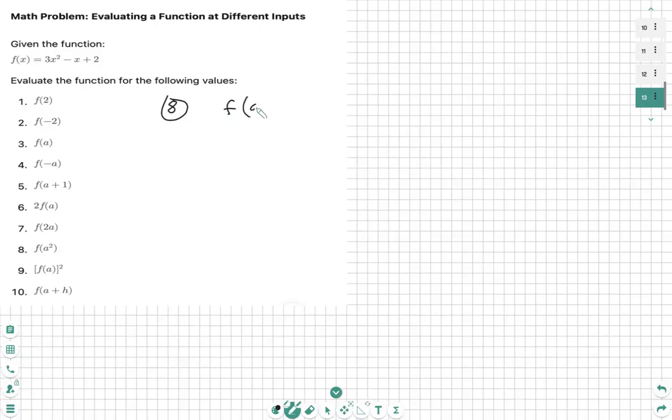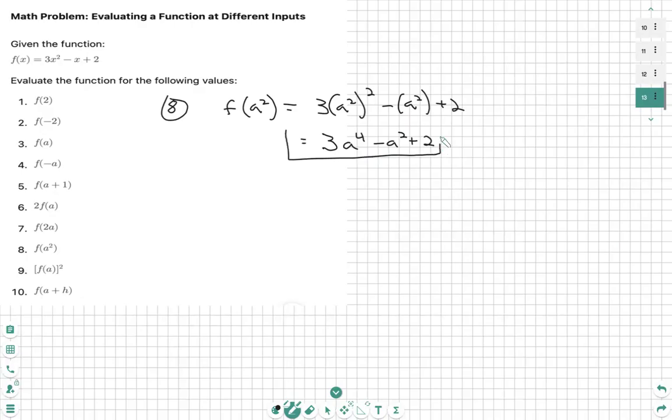X is the only thing that changed, so that's the only thing I'm going to change in my equation. 3(a squared) squared minus a squared plus 2. Really helps when we put those parentheses down like we have been doing this entire time. Now remember, any exponent to an exponent multiplies. So this is going to be 3a to the 4th minus a squared plus 2. And that will be the answer for number 8.